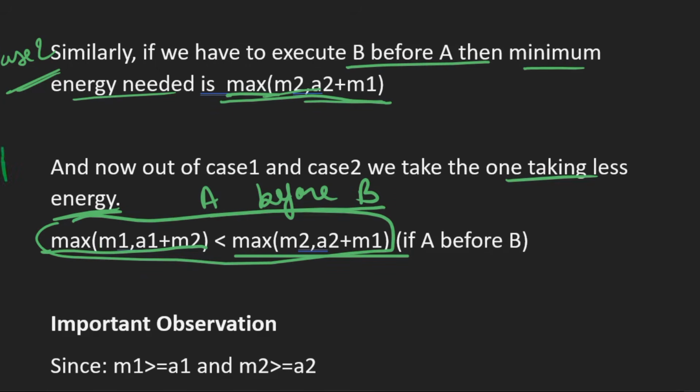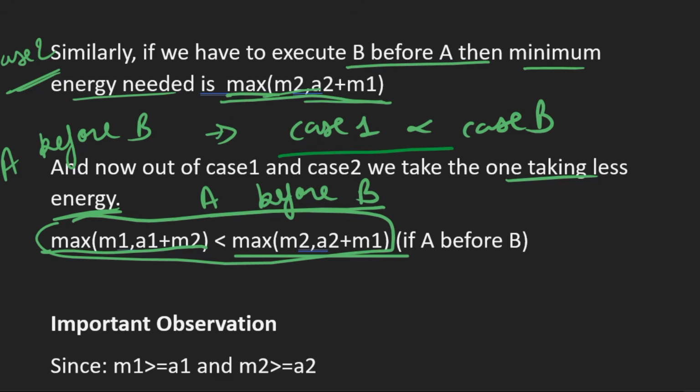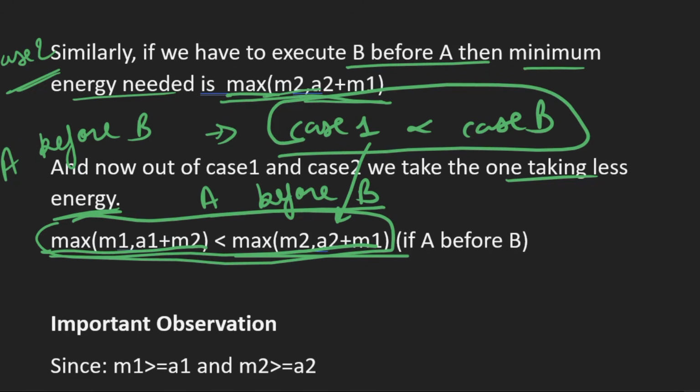If we have to execute A before B, then the energy that we get in case 1 should be lesser than the energy in case 2, because our overall goal is to minimize the energy. So the expression is that the maximum of M1 comma A1 plus M2 should be less than the maximum of M2 comma A2 plus M1, right?